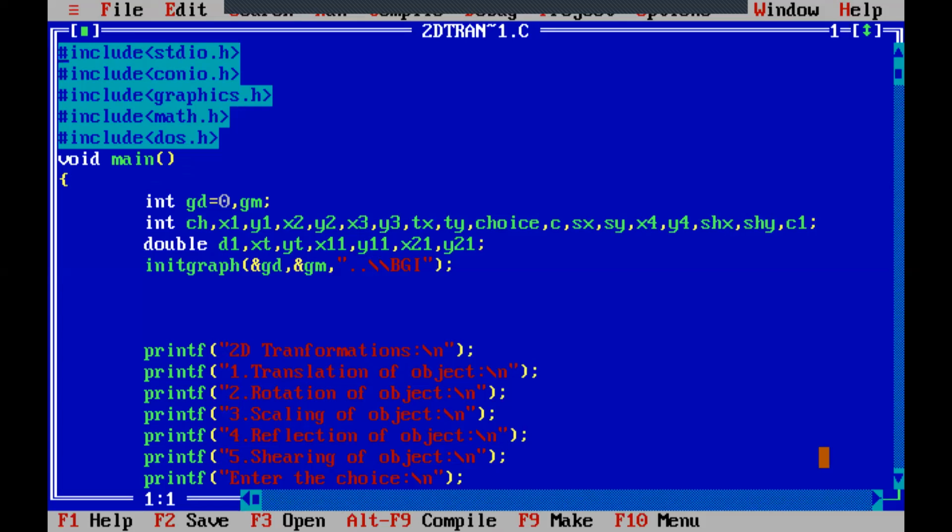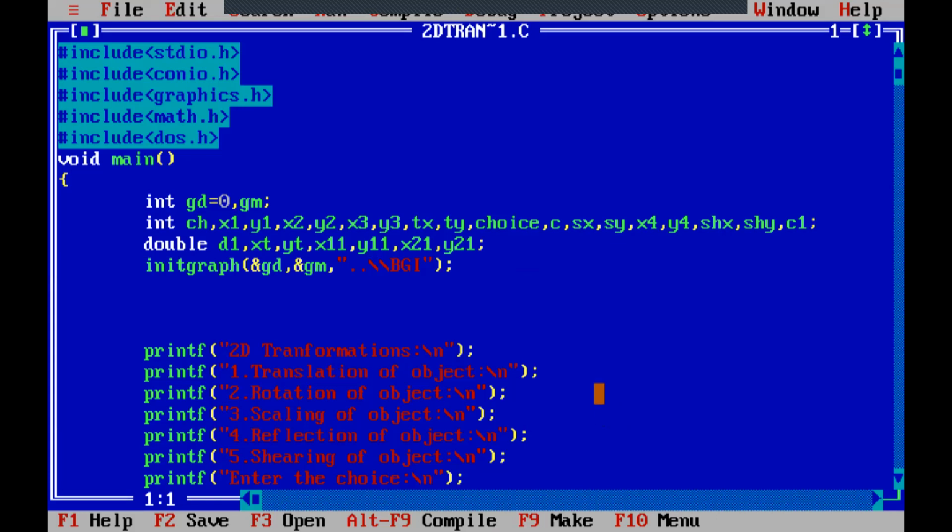In non-uniform scaling, the shape is also changing. Then we have seen the fourth transformation, which was reflection. In reflection of the object, we have seen there are 4 kinds of reflections in a two-dimensional object: reflection along the x-axis, reflection along the y-axis, then reflection along y equal to x and y equal to minus x.